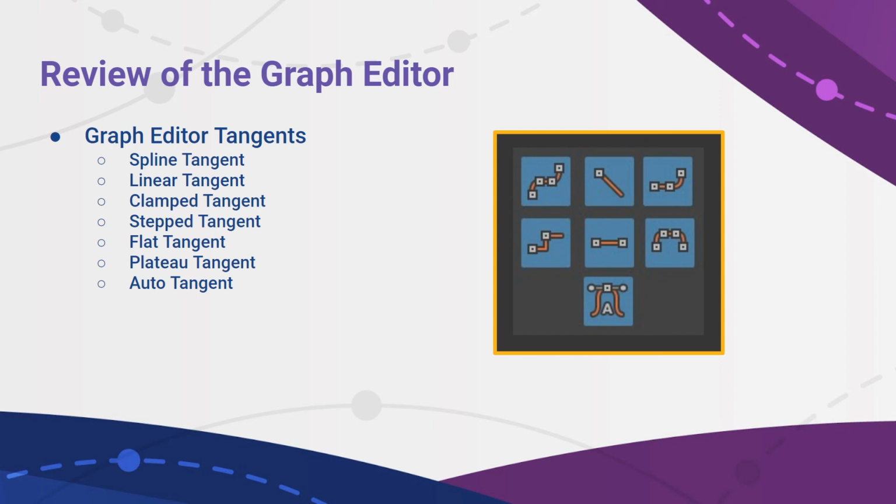So you might get really frustrated and not understand what's happening, and that might be why. So I would recommend staying within the clamped tangent for your animations. That'll just be a little easier for you because it won't have all those overshoots happening.